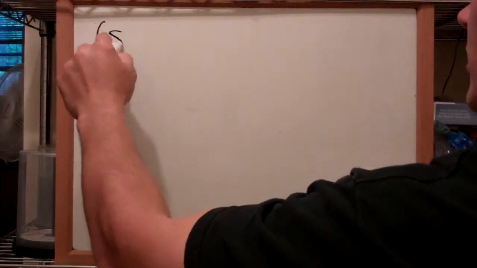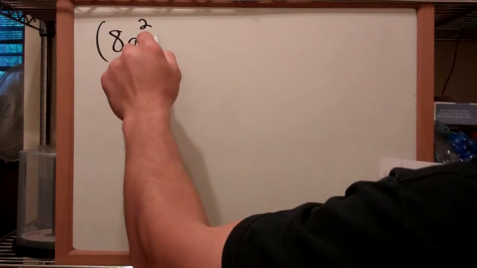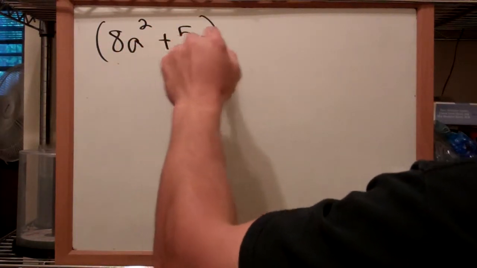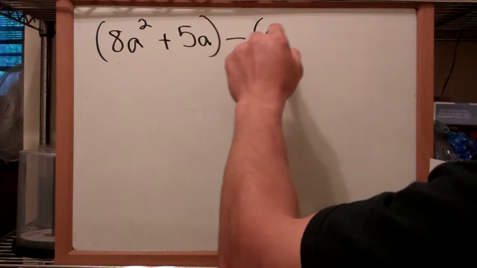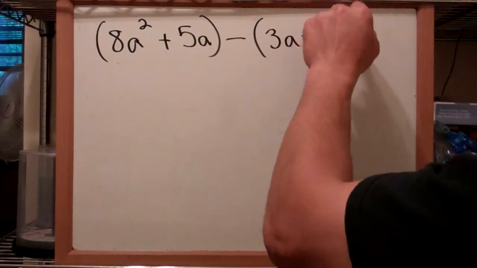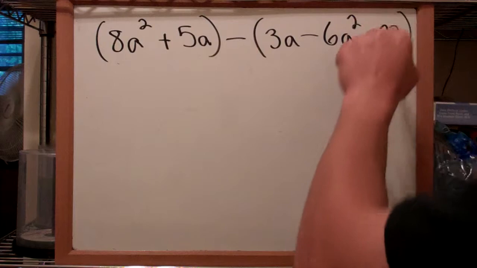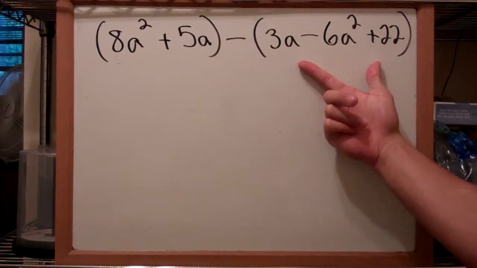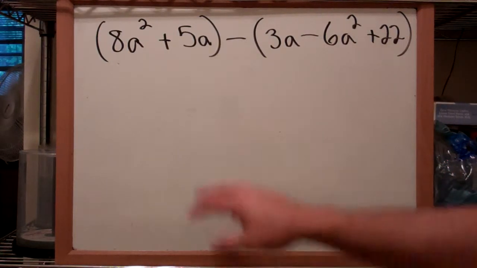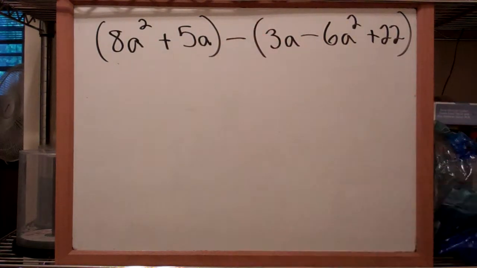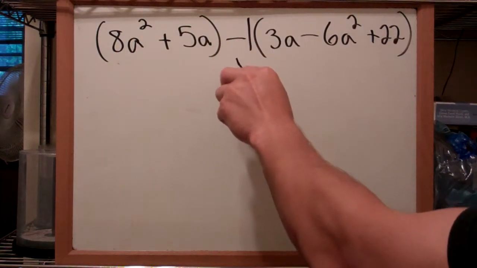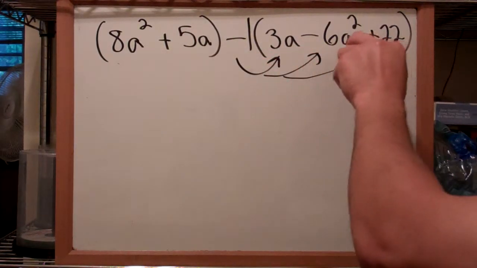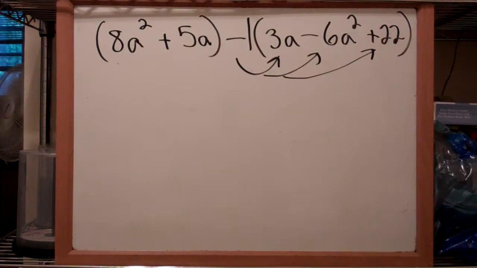Let's start with a binomial here, 8a squared plus 5a, quantity, minus 3a minus 6a squared plus 22. Here we have a binomial and then a trinomial. Really what's happening here is we can see this negative sign as like a -1 out in front of the parentheses, which we can then use to distribute to each monomial inside the parentheses.